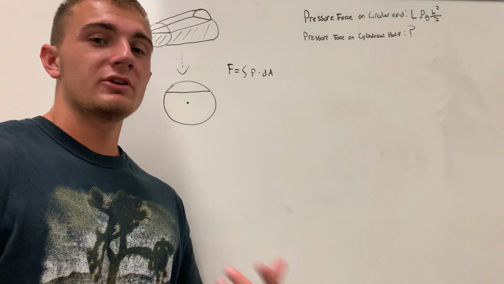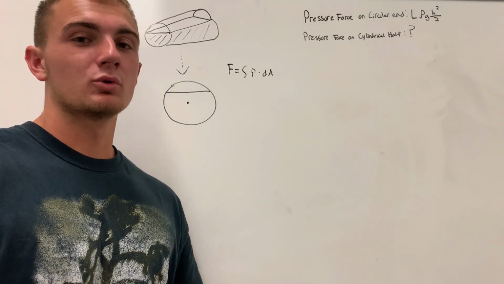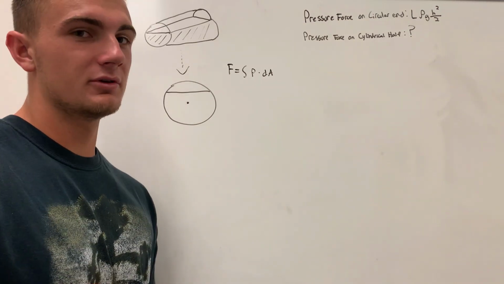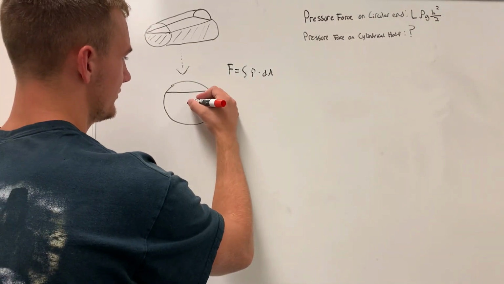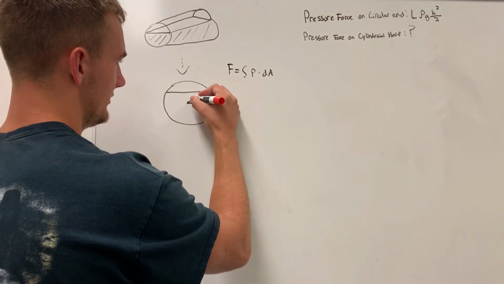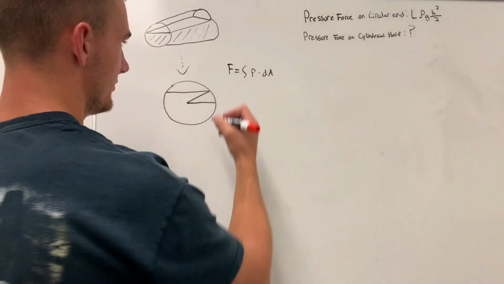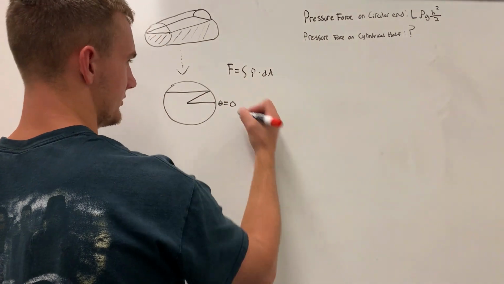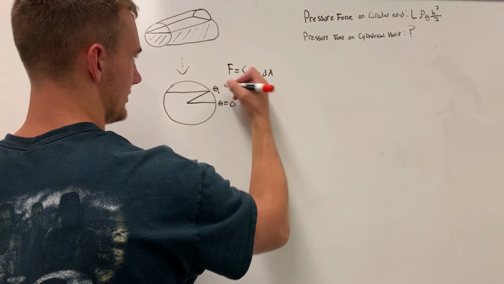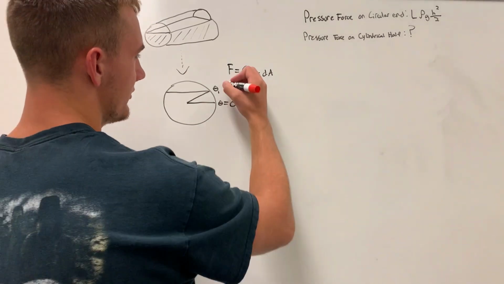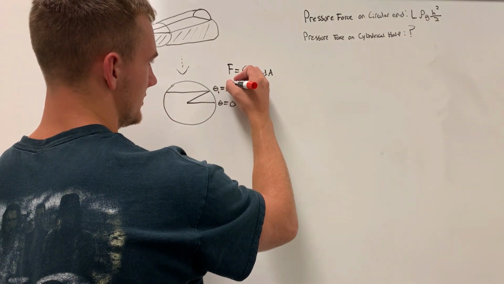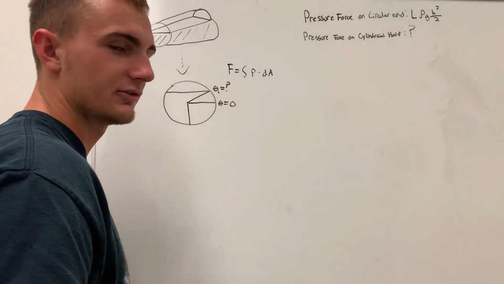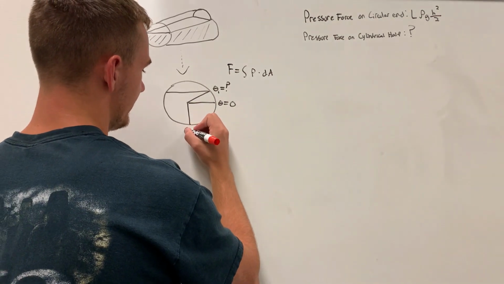However, this time we can use polar coordinates. So you see I have drawn this view here, and if we have this angle here, we know that theta here is equal to 0, and this angle here, we'll just call theta 1. We do not know this angle, but if we draw this down to the middle of the circle, we'll call this theta 2.